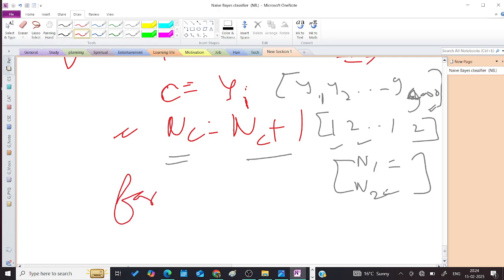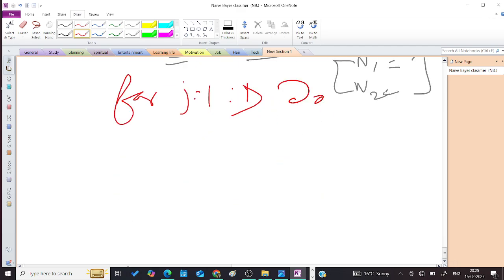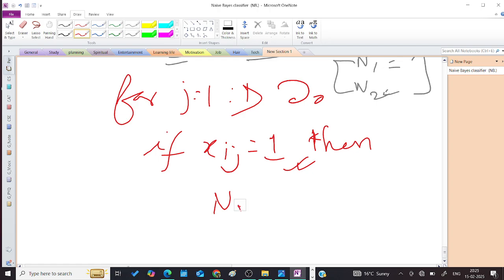For j equals 1 to d, do. What is d? d is the total number of features, right? So for every feature, if xij equals 1, meaning the feature is present, then what we need to do is njc equals njc plus 1.